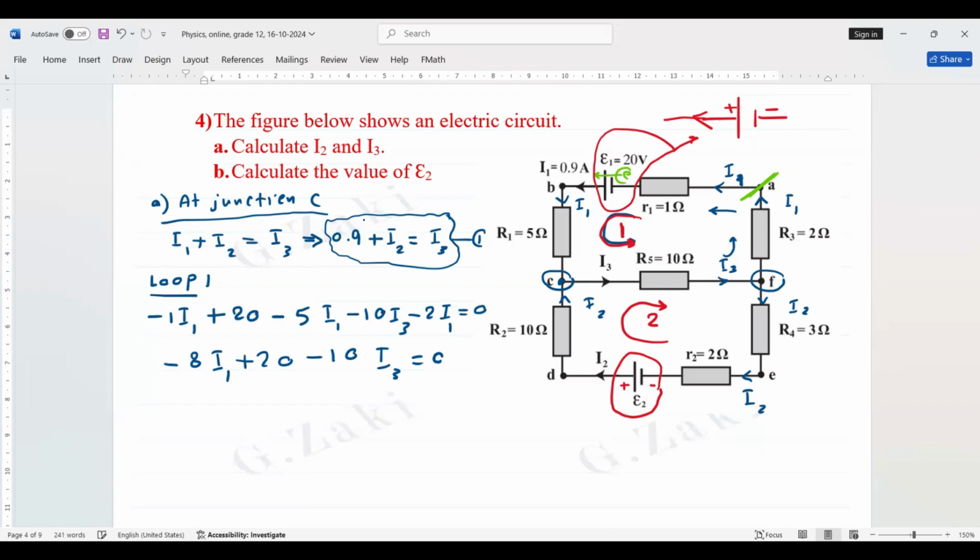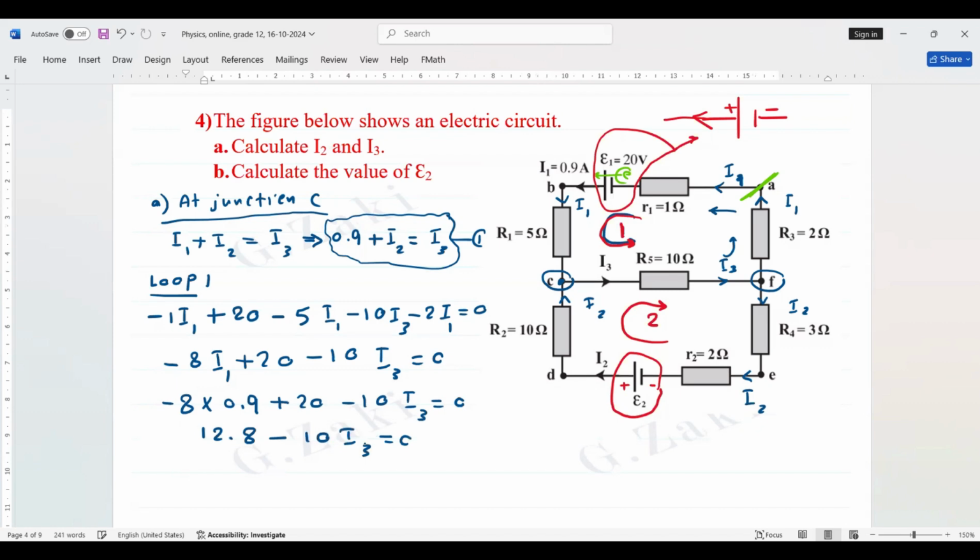I1 is given as 0.9, so negative 8 multiply 0.9 plus 20 minus 10 I3 equals 0. Use the calculator, mode 1. Negative 8 multiply 0.9 plus 20. The answer is 12.8. Then 12.8 minus 10 I3 equals 0.